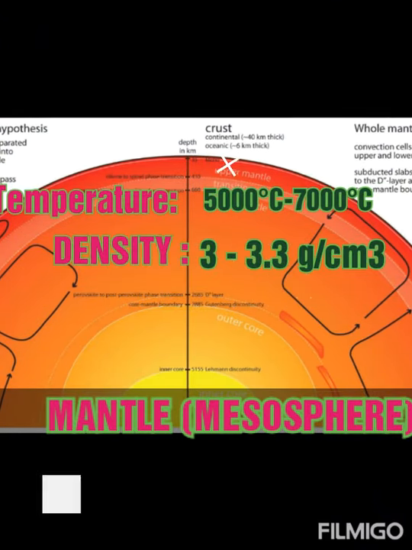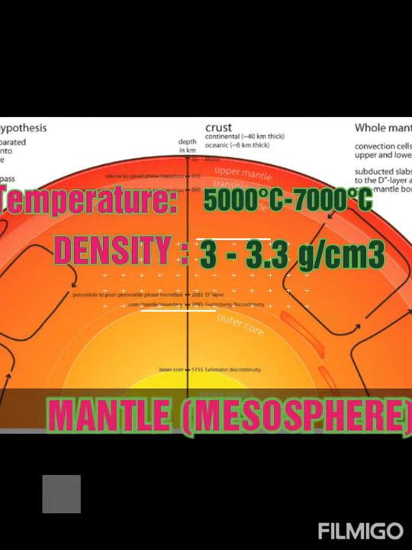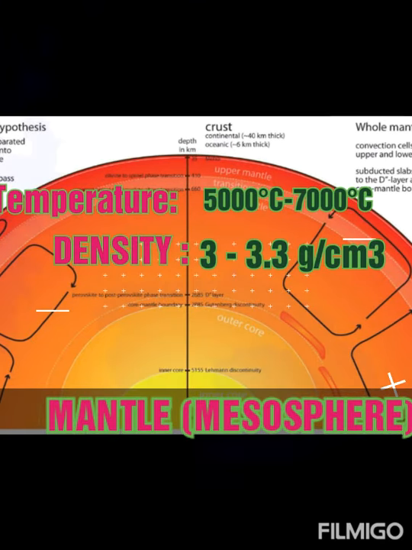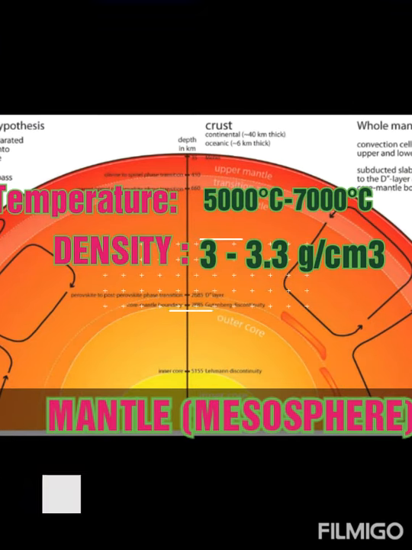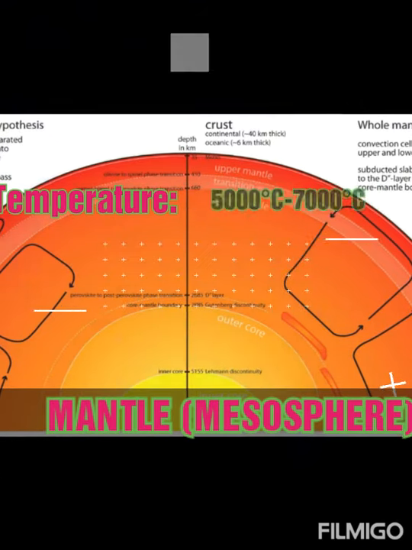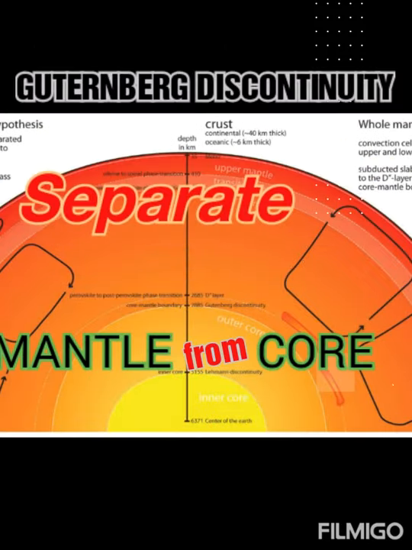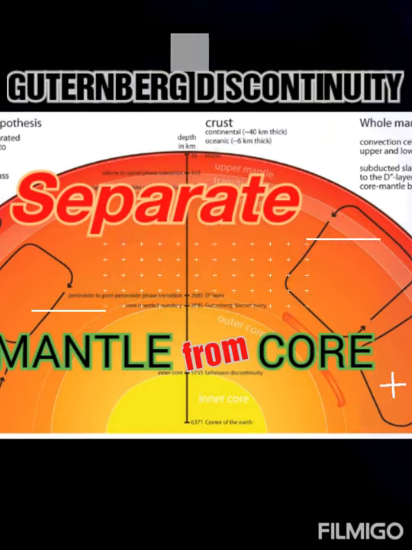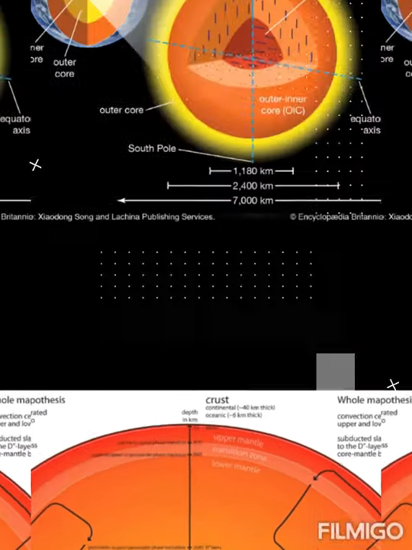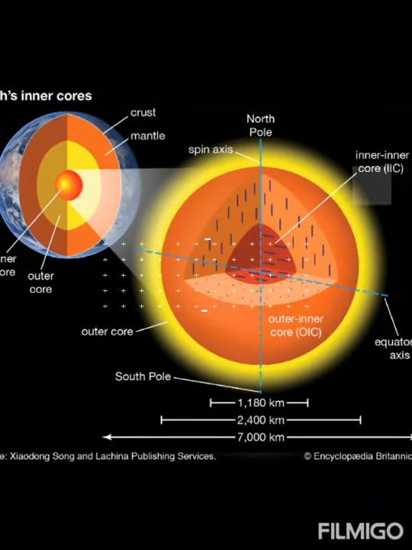Its temperature ranges from 5,000 to 7,000 degrees centigrade, while its density is from 3.3 grams per cubic centimeter. The mantle is separated from the core by the boundary known as the Gutenberg discontinuity.